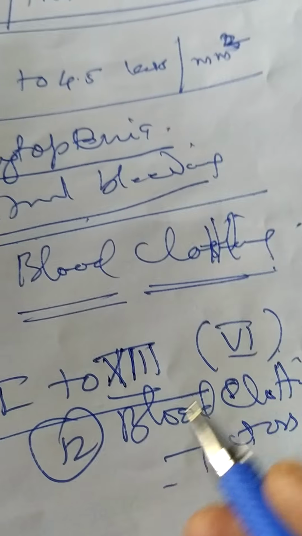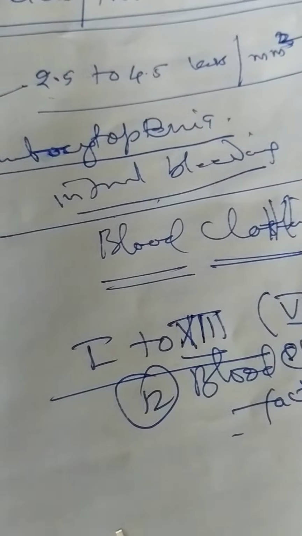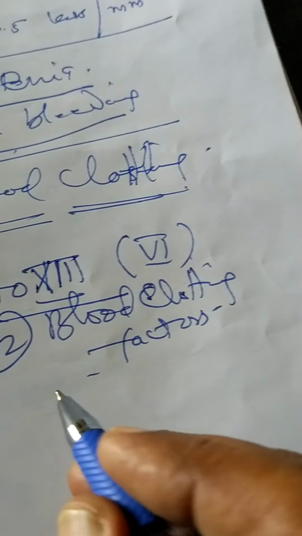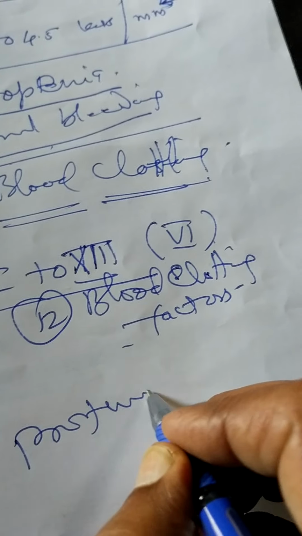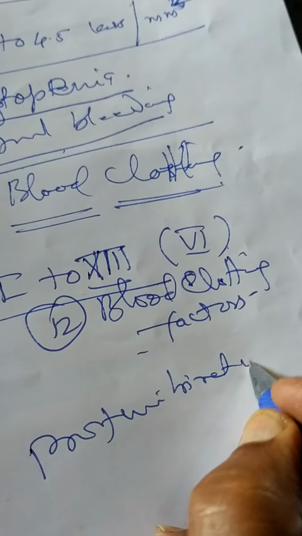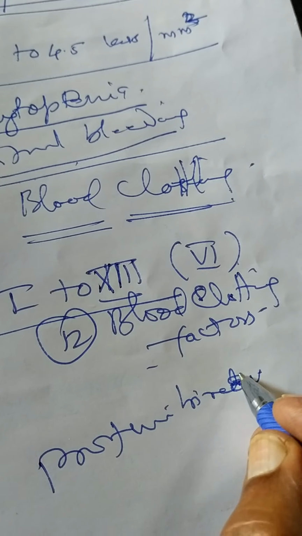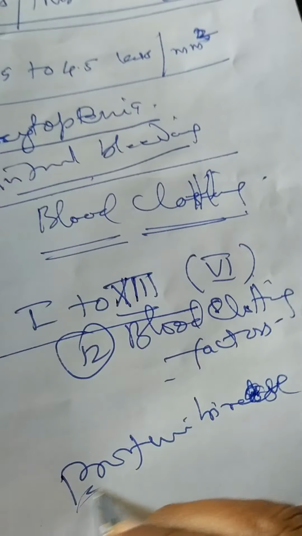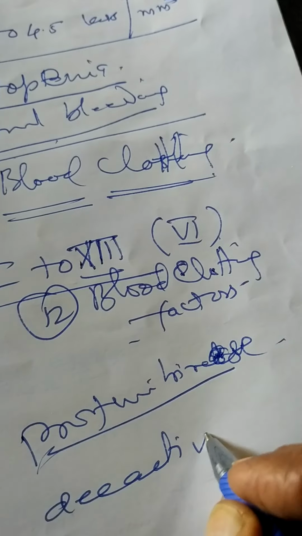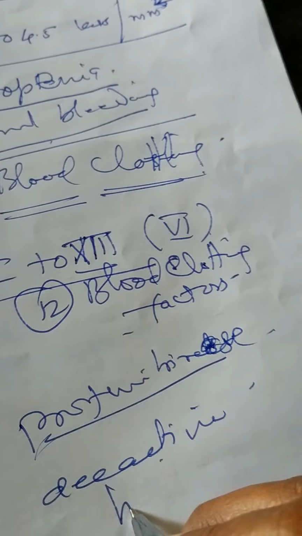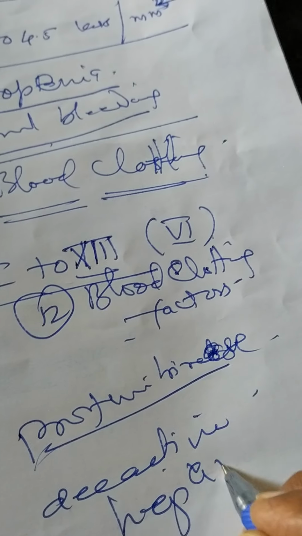Actually, what do these blood cells form? Thromboplastin, and this thromboplastin helps to form prothrombinase, and this prothrombinase deactivates the enzyme heparin.